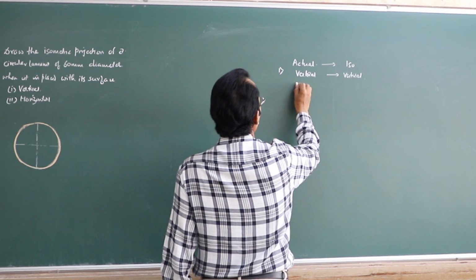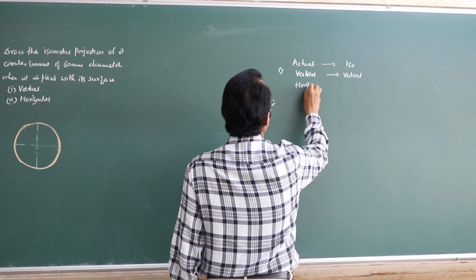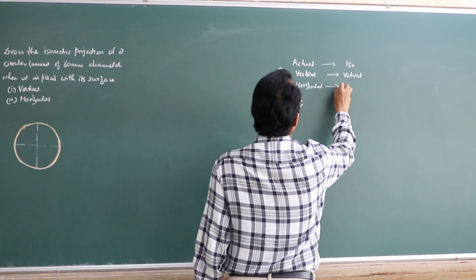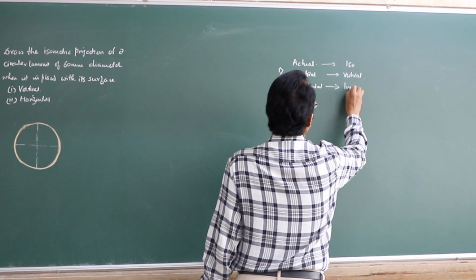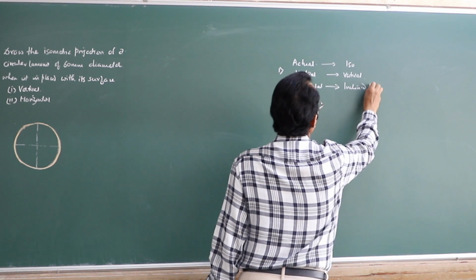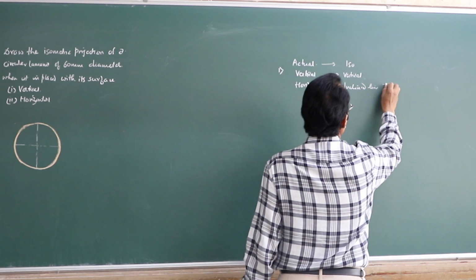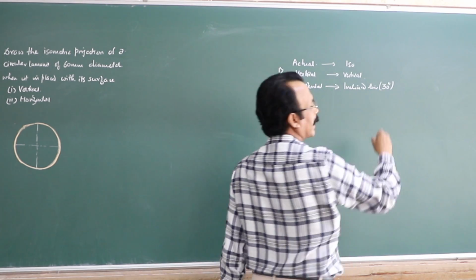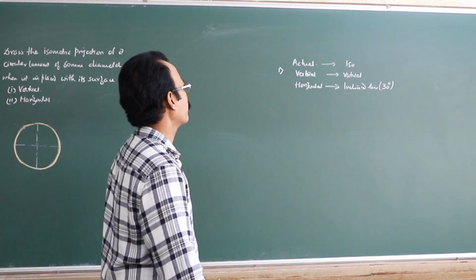In actual, if it is horizontal, that line will be converted into an inclined line. When I say inclined line, it is always fixed, inclined at 30 degrees there, right?